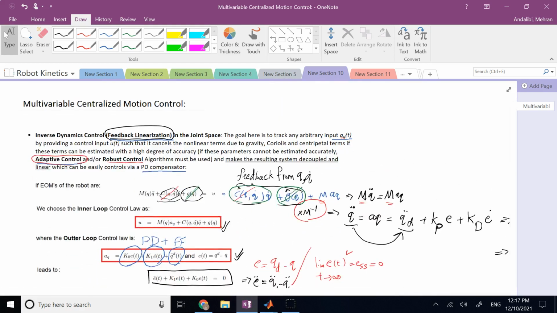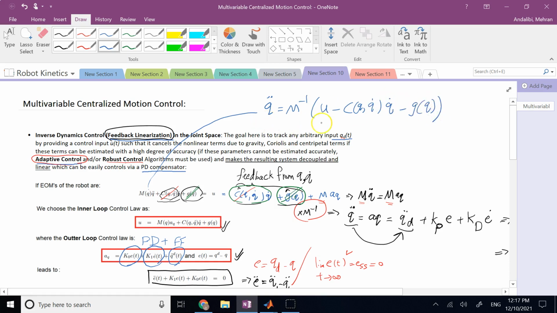So if I go back up here and I want to calculate my accelerations, Q double dot is what? M inverse times U minus C of Q and Q dot times Q dot minus G of Q. That's exactly what I'm doing in this block.